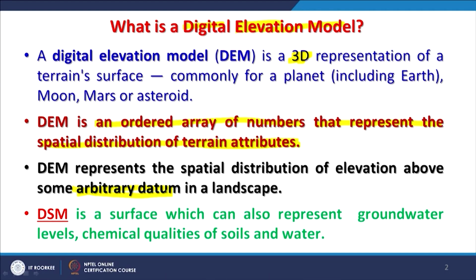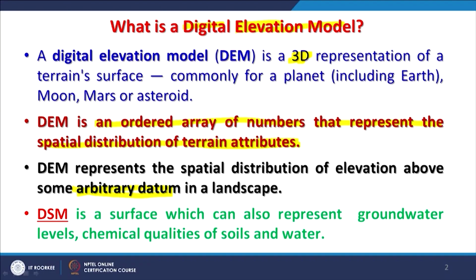Now there are two other terms which are also coming into our discussion, in literature and in software. After DEM there is another term called DSM, a digital surface model. Here the word elevation has been replaced by surface, so it only represents whatever is present on the surface.